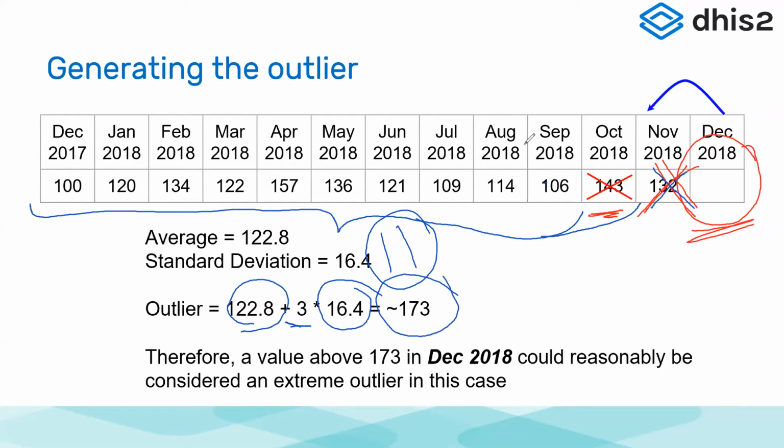What it means is that if you have anything more than 173 for December 2018, that is a possible outlier. So if you get 190 or 200 for December 2018, this could be an outlier.